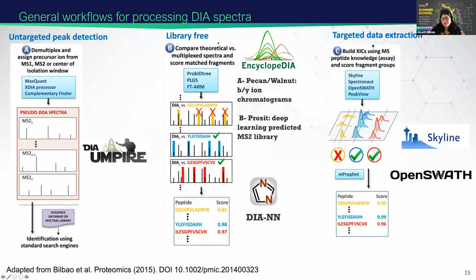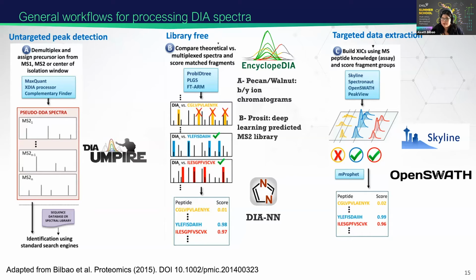For example, Cyclopedia has PECAN, and now a new implementation called Walnut, that generates b and y ions, or basically a theoretical spectrum, from the FASTA file. So we don't need an MS/MS library to analyze the DIA spectra.